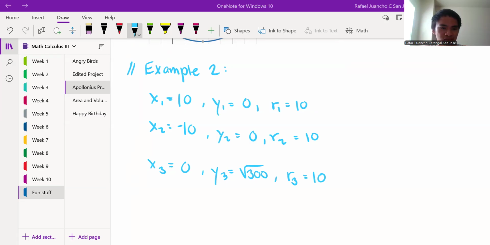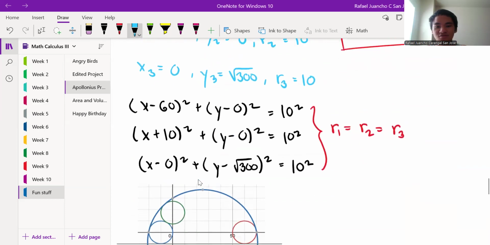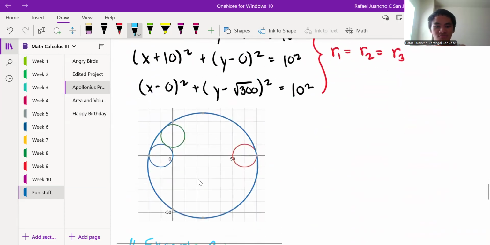If this was a 10, then our outer circle would just be like, I think I should have included the computations. Yeah, I should have included it. It's okay. At least it's gonna be in the video where I brutally computed it.